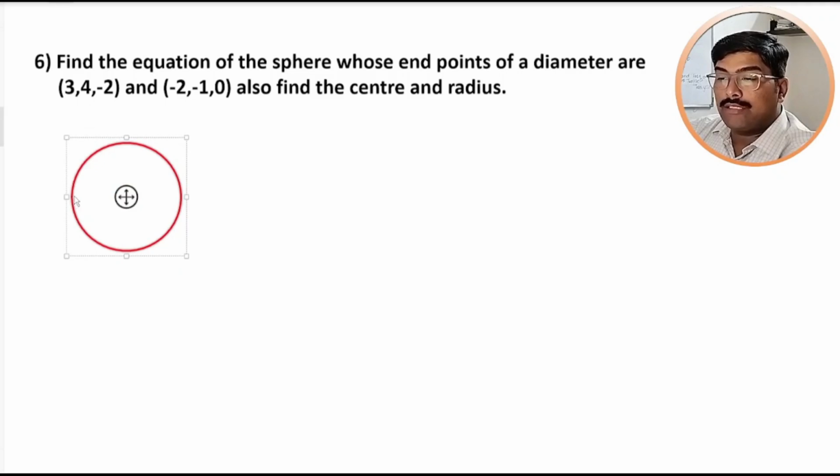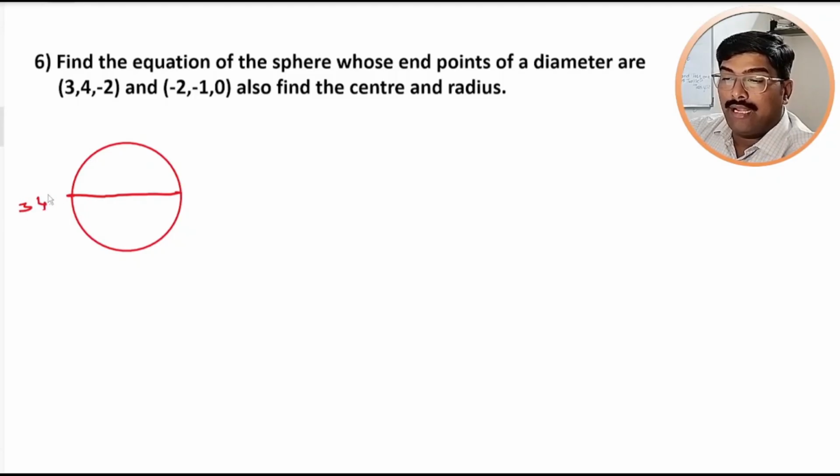whose endpoints of a diameter are, these two are the endpoints of a diameter, where the first point is given (3, 4, minus 2), and the second endpoint of a diameter is given (minus 2, minus 1, 0).